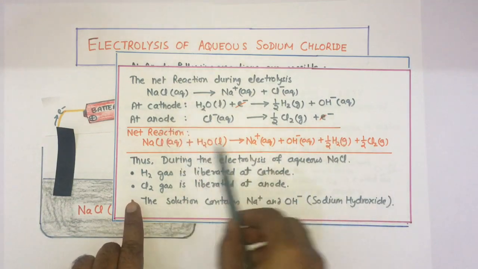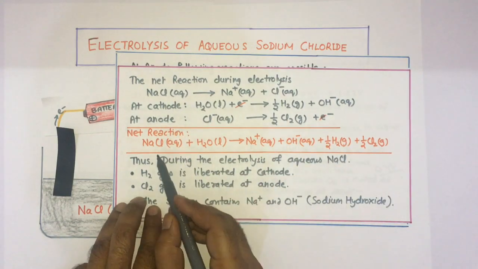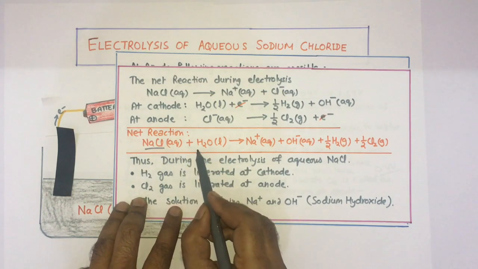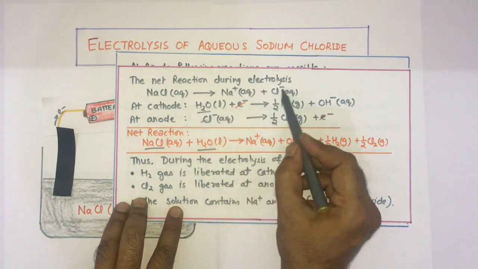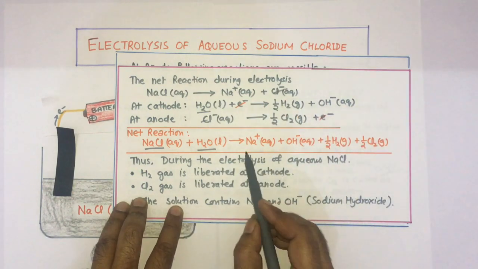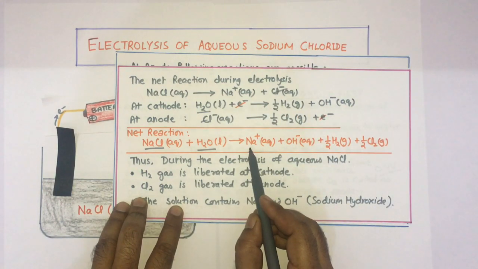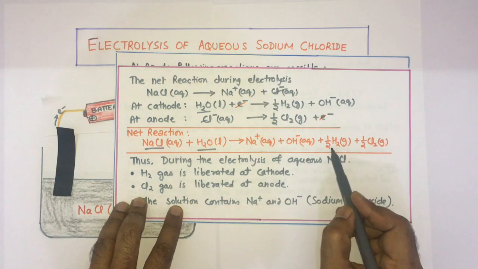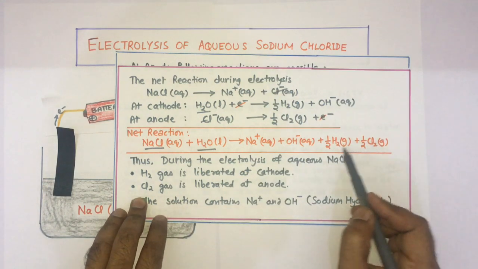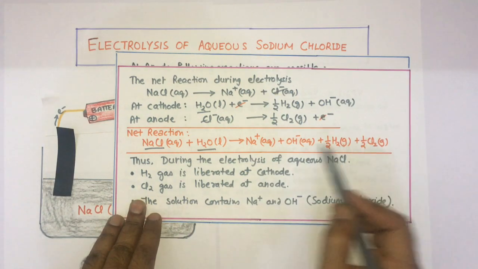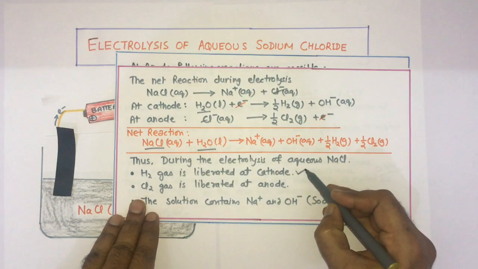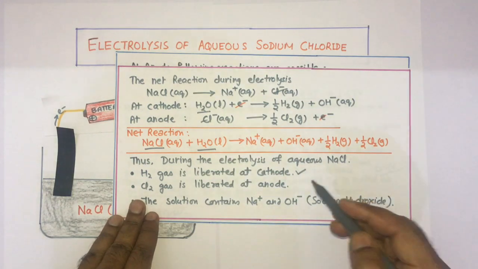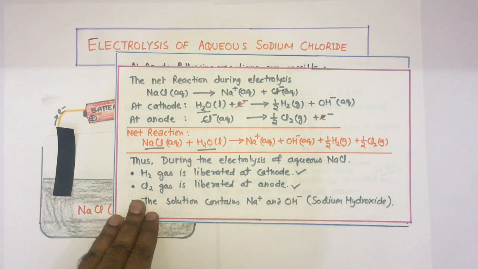Now if we add all three reactions, what do we get? Sodium chloride plus water, Cl negative gets cancelled, and it gives you Na positive plus OH negative plus half H2 plus half Cl2. So during this electrolysis, hydrogen gas is liberated at the cathode and chlorine gas is liberated at the anode.